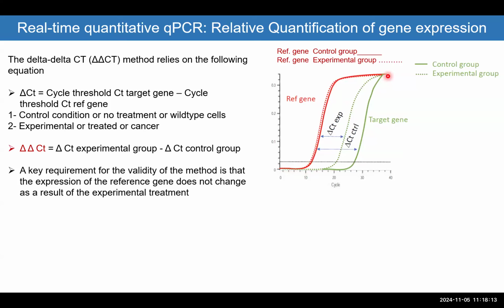Now, the experimental condition seems to be amplified faster because it showed up on cycle 20 or such, while the control condition needed a longer time. It showed up on cycle 20-something.